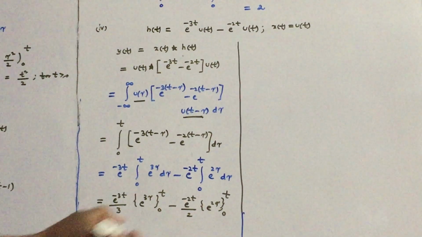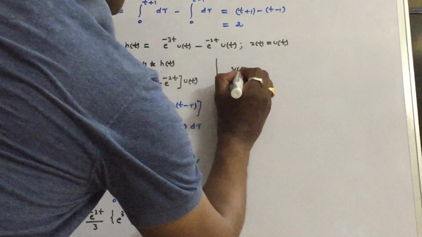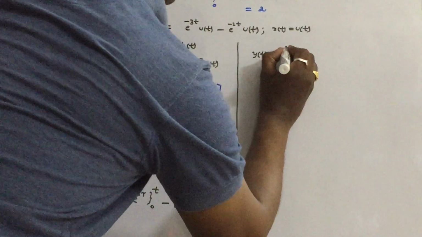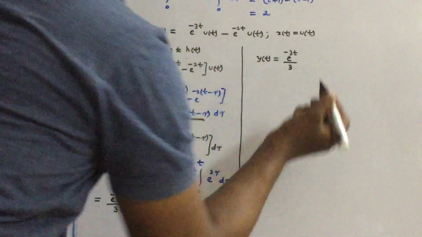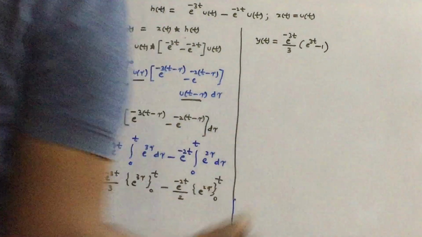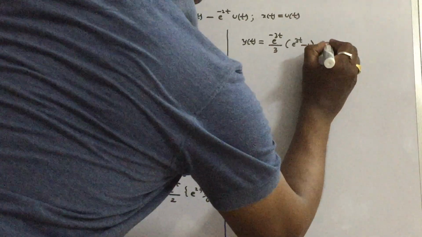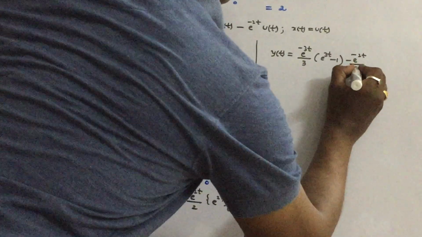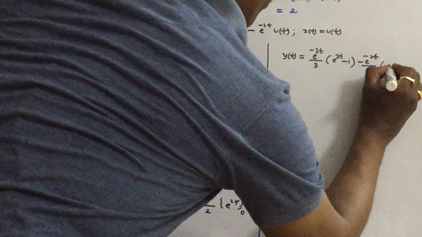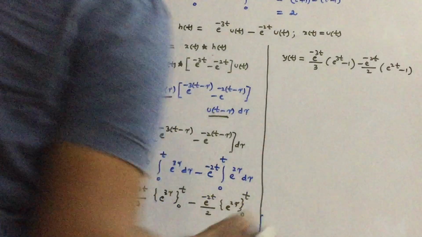So let us substitute this and find out the response. Therefore y(t) is equal to e to the power minus 3t by 3 times (e to the power 3t minus 1), minus e to the power minus 2t by 2 times (e to the power 2t minus 1).